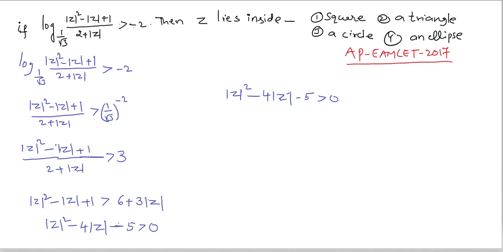That is, mod z plus 1 into mod z minus 5 is greater than 0. From this equation, minus 1 less than or equal to mod z less than or equal to 5.